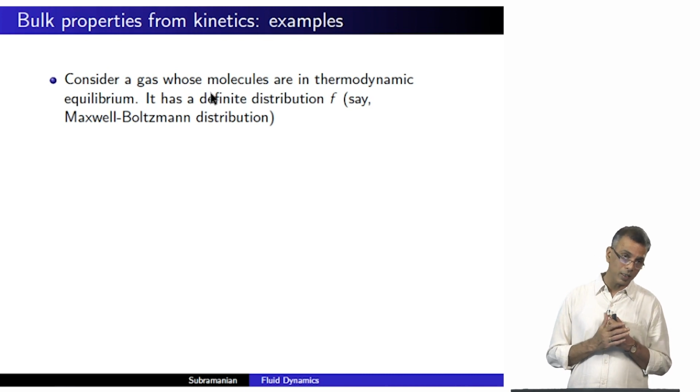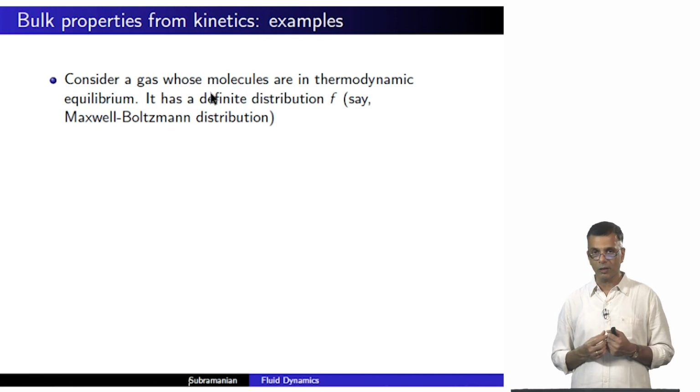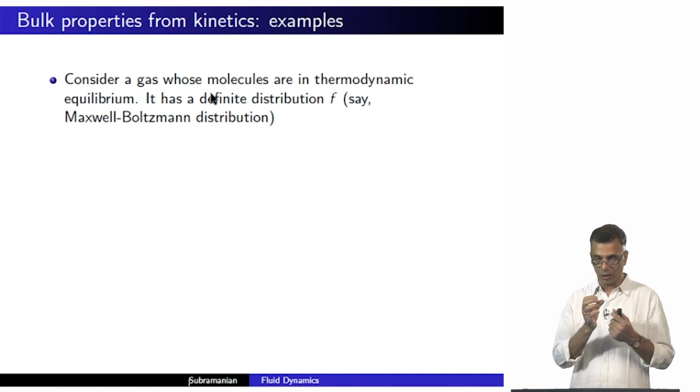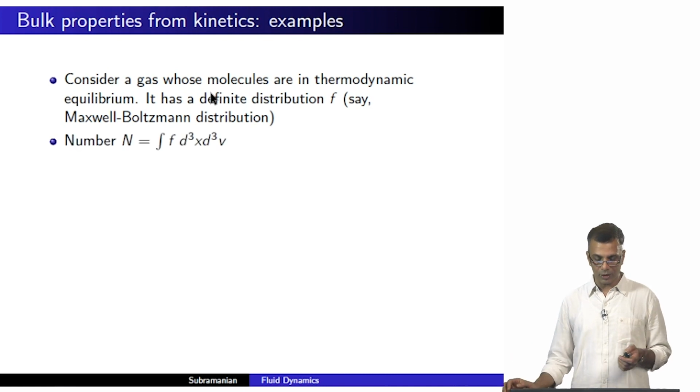So on the x-axis, say you might have speeds. On the y-axis you might have the probability of finding particles in a certain speed range. I'm sure you've come across this, and so the distribution would be characterized by this distribution function f, and for a Maxwell-Boltzmann distribution this is just an exponential, as you know.